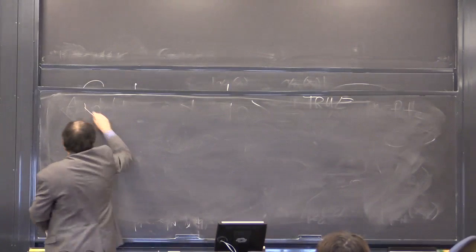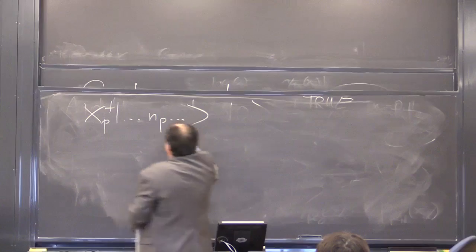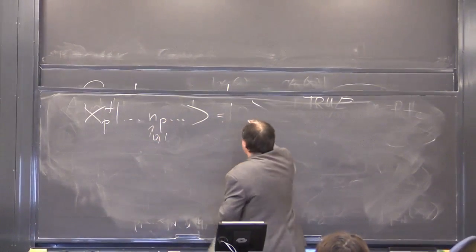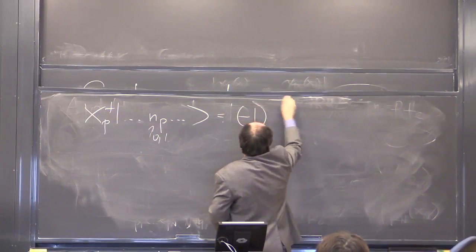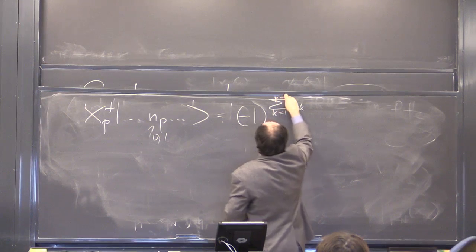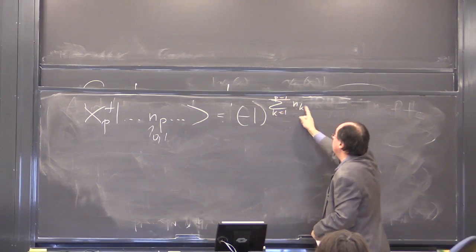What happens if I apply x_p dagger to a ket where you have n_p here, which is either 0 or 1? The formal definition will be minus 1 to our phase factor, which is a sum over n_k, where k goes from 1 to p minus 1. I hope you can see it: k from 1 going to p minus 1, n_k.